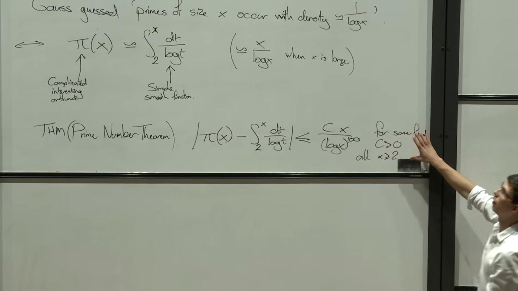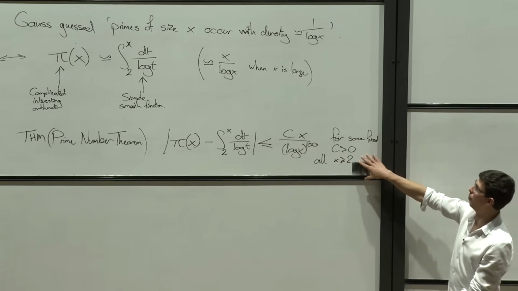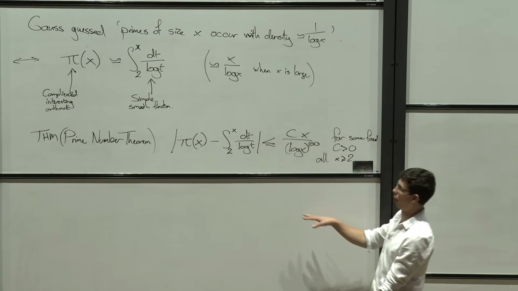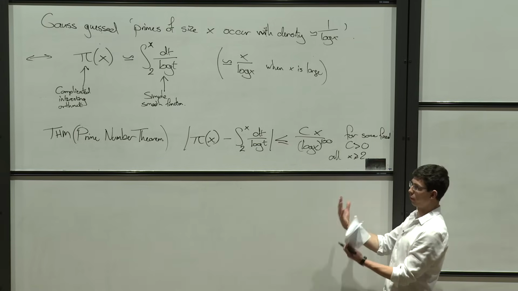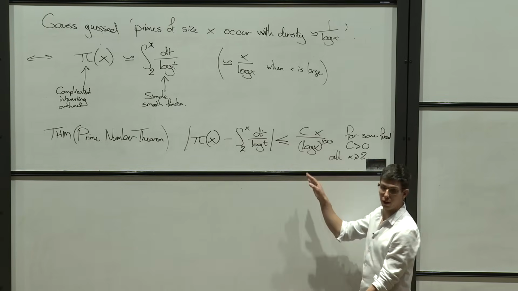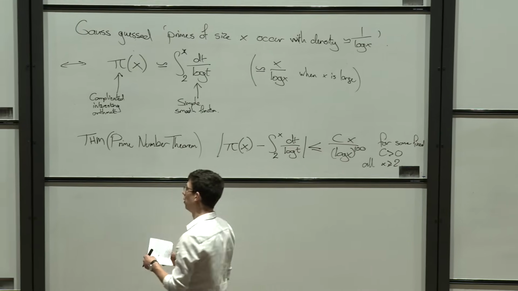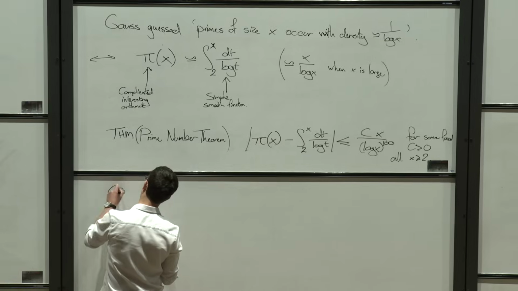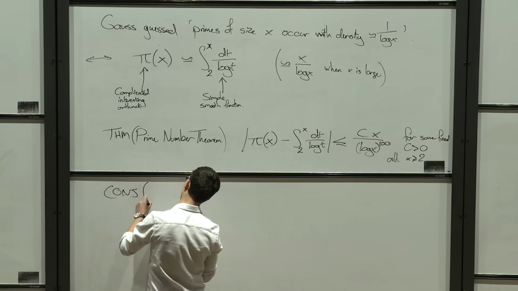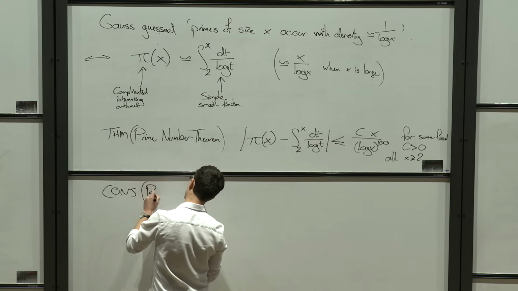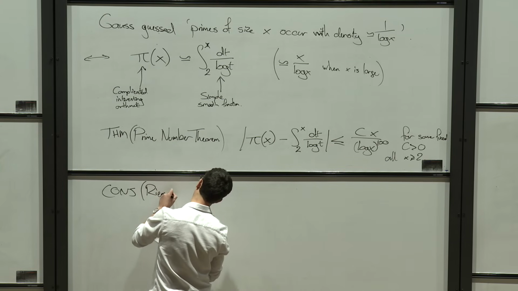Okay, so this is one of the highlights of the course, and maybe the main aim of the course is to develop a whole toolkit that allows us to study arithmetic questions like this and to prove results like this. But this isn't really what we believe to be the truth. So maybe I'll mention the conjecture, which is the Riemann hypothesis.